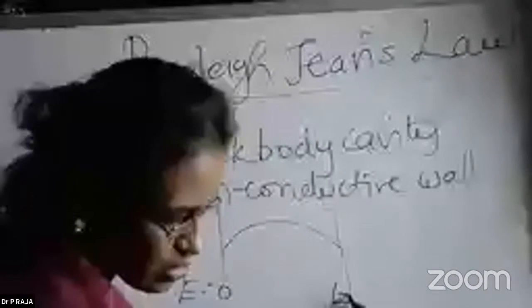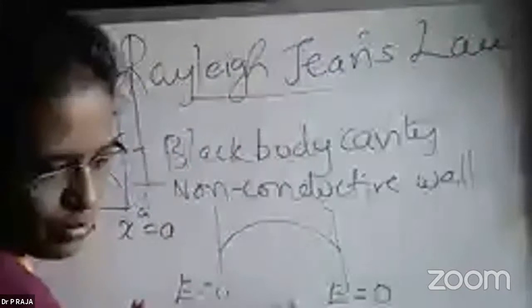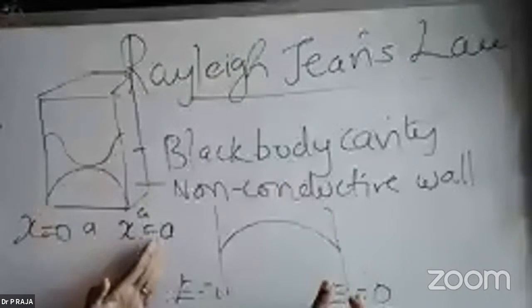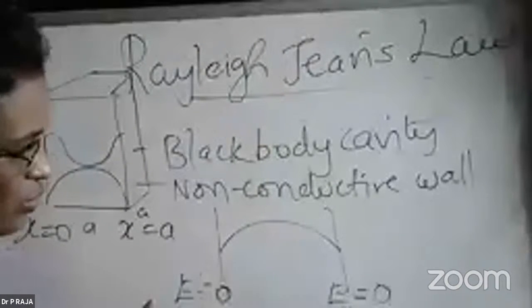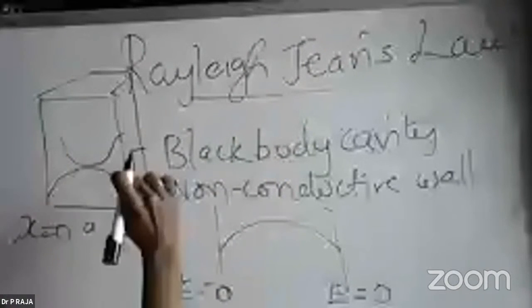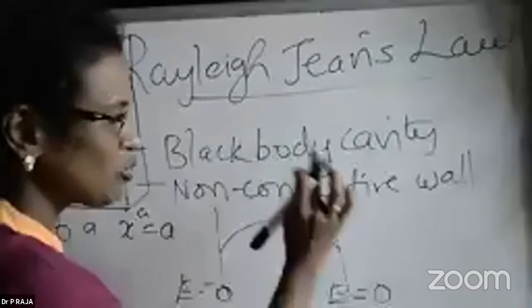This is with E equal to 0 and E equal to 0 at the walls. These are the non-conductive walls, and the electric field is 0 on both sides. The radiation is allowed to pass.